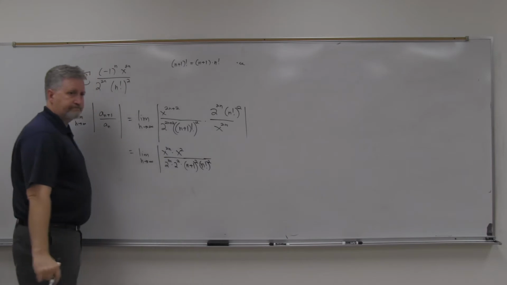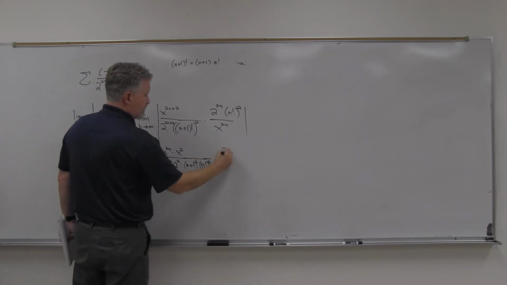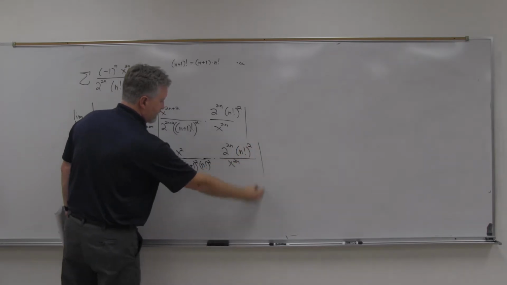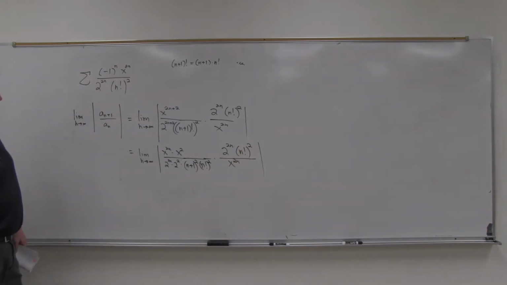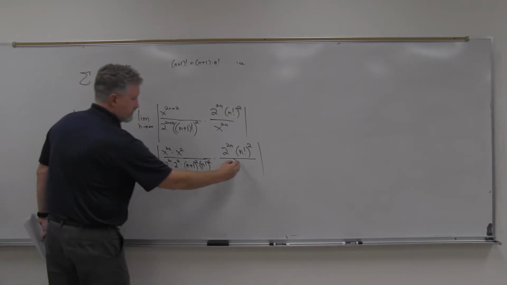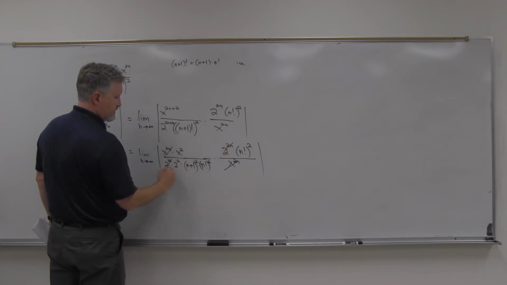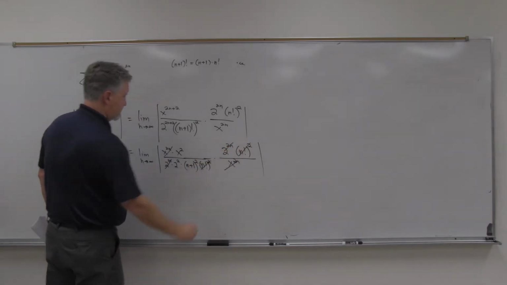And then 2 to the 2n, n factorial squared. x to the 2n, I don't think we have to break that down any place. All right, so the x to the 2n's will cancel. 2 to the 2n's will cancel. N factorial squareds will cancel.